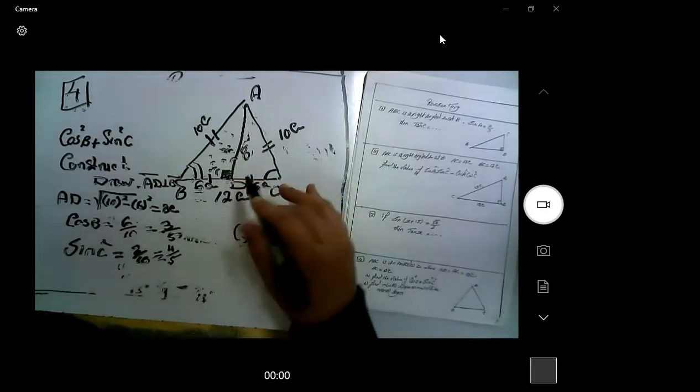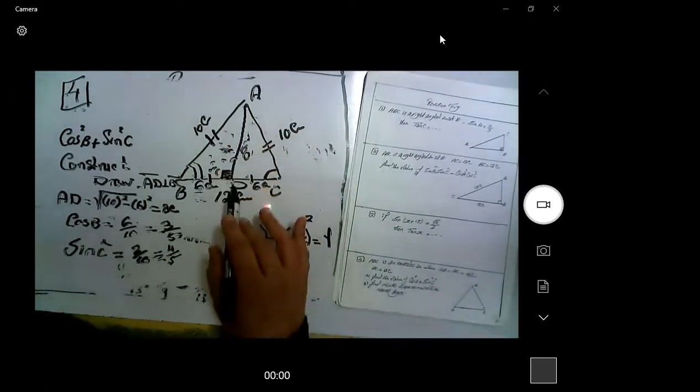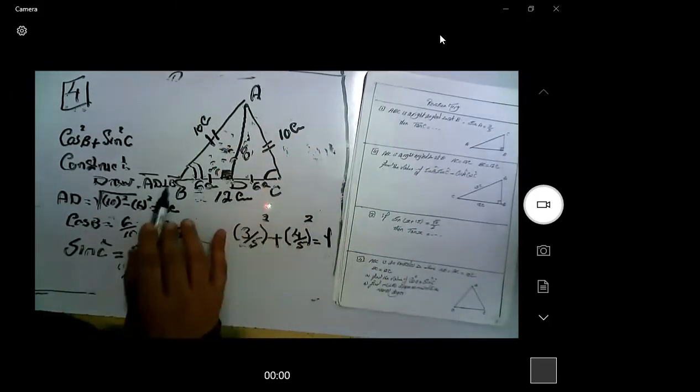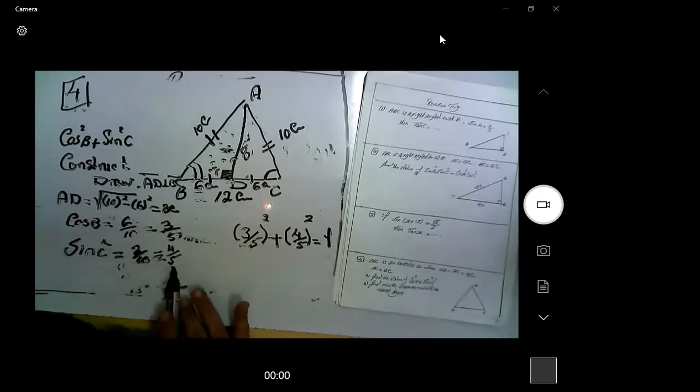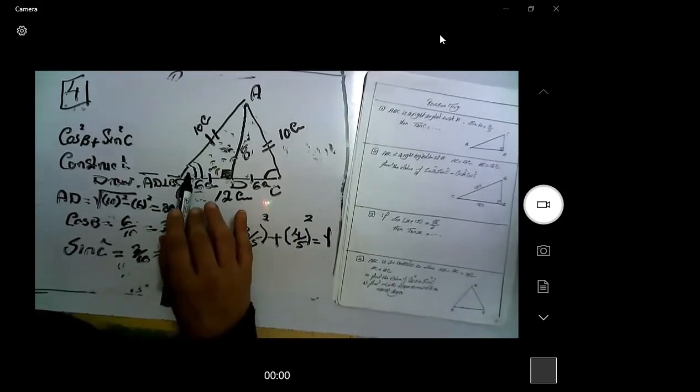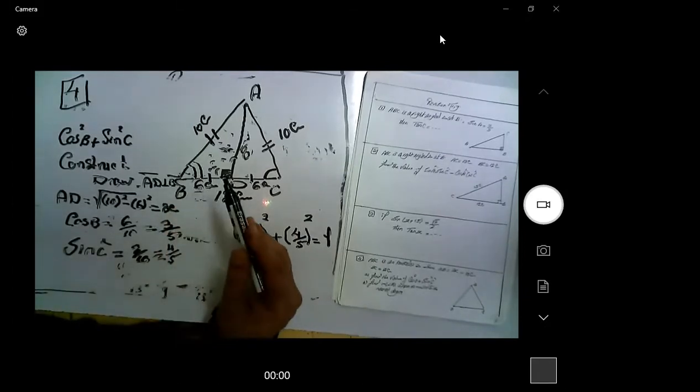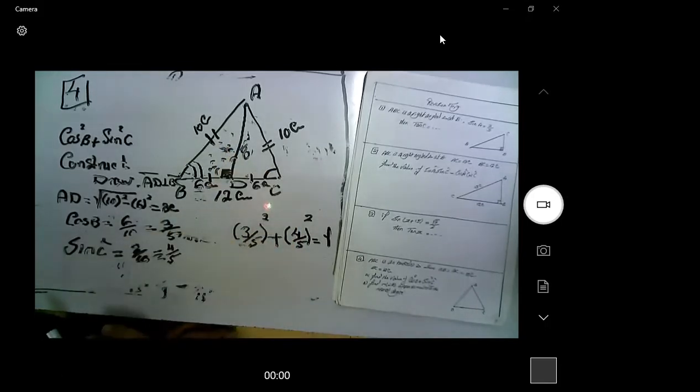So at the beginning, we don't have the length of AD, which is drawn perpendicular to BC. Why? Because we cannot get cosine angle B without drawing a right-angled triangle. The right-angled triangle concerning angle B is triangle ABD.